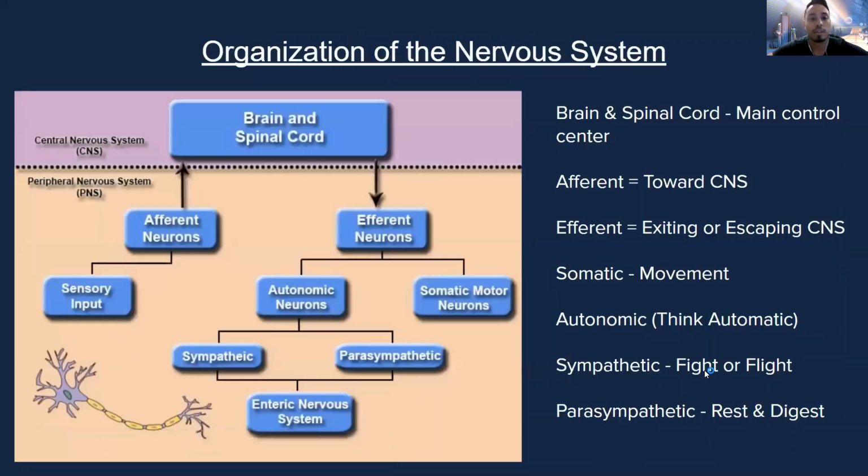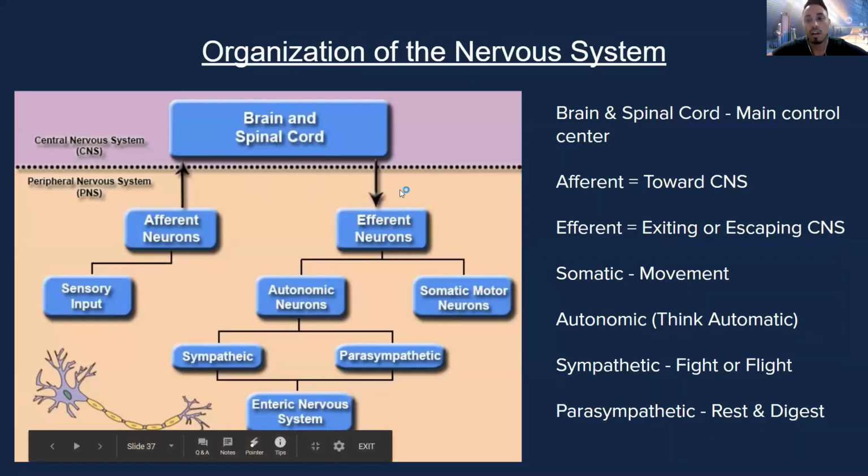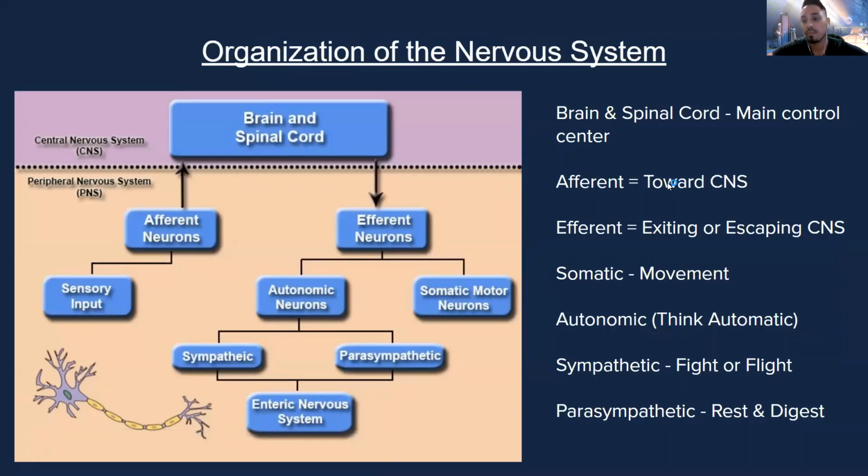All right, so we're going to start with the basic organization of the nervous system. Ideally, what you need to know, I included some things here on the right that will help you remember what each one of the different components of the nervous system are for, or how to remember them. Things like the afferent and efferent neurons, make sure you get that down in your head.